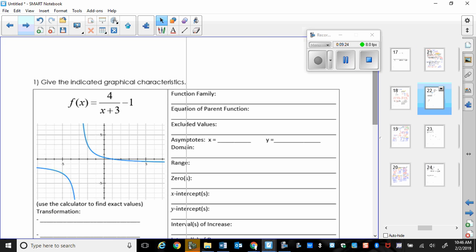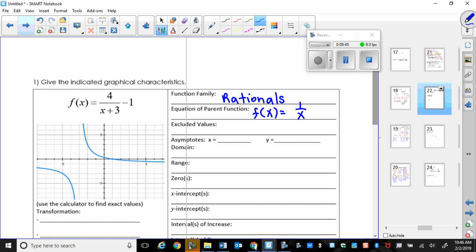Next, it says given the indicated graphical characteristics, what is the function family? Well, we're in the unit for rationals, so the function family here is rationals. What is the equation of a parent function? It's f of x equals 1 over x. What are the excluded values of this function?